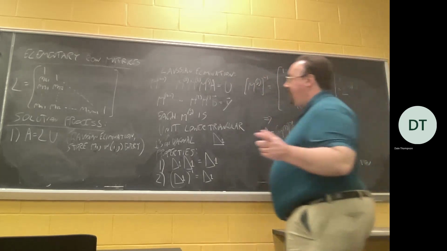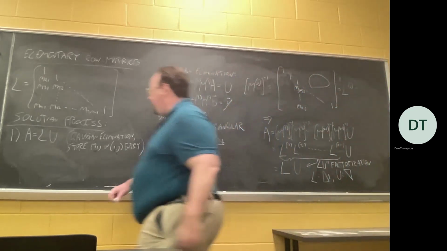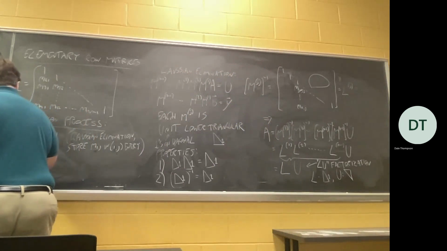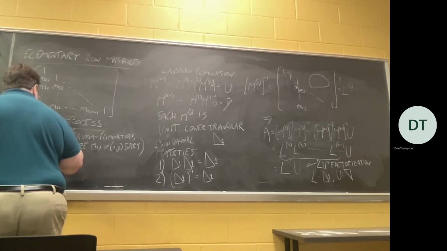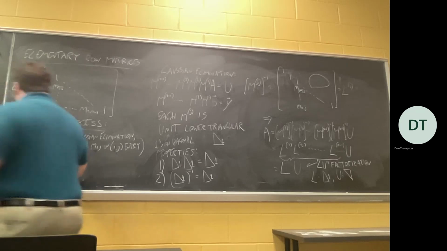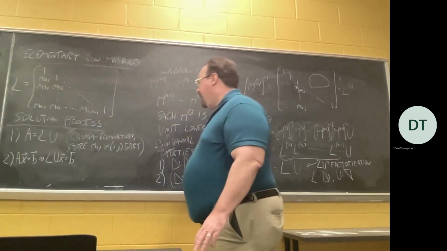But once we have L and U, then what do we do? Well, AX equals B is equivalent to LUX equals B, just because we're replacing A by LU.